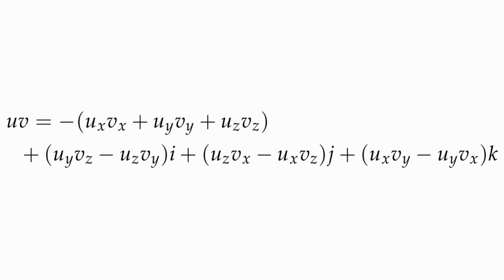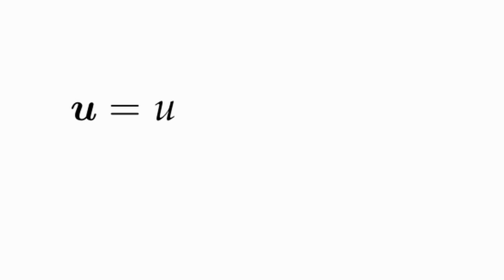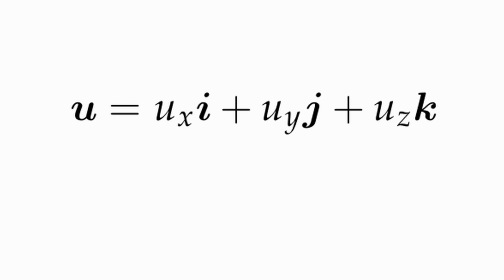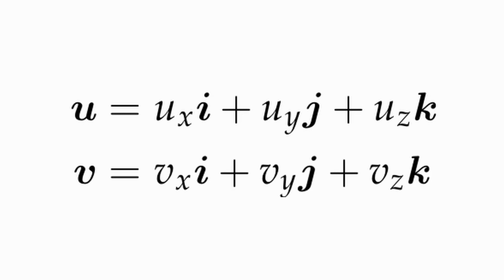This result may look familiar for those that have learned vector calculus. Using modern vector notation, we would write u equals ux i plus uy j plus uz k, and v equals vx i plus vy j plus vz k. i, j, and k are the unit vectors in the x, y, and z directions.